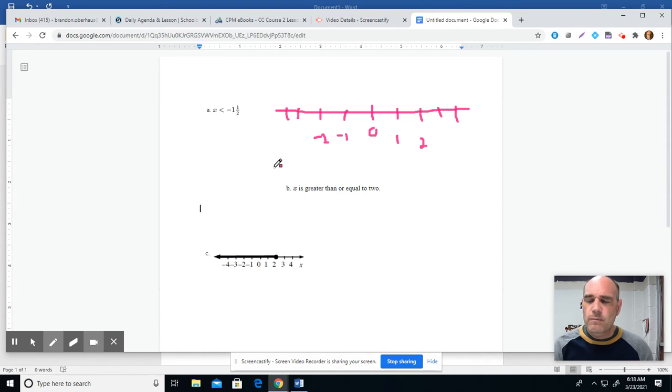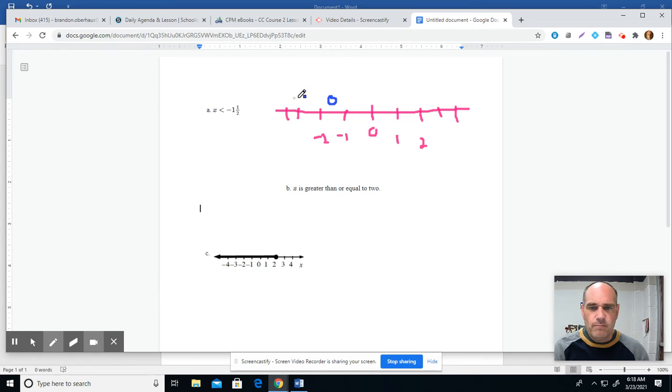Reminder from yesterday: when I graph this, I go to my boundary, which is this number right here, and I put a dot at -1.5. So here's -1, and -1.5 would be in the center. I put my boundary point right there. That's my -1.5.